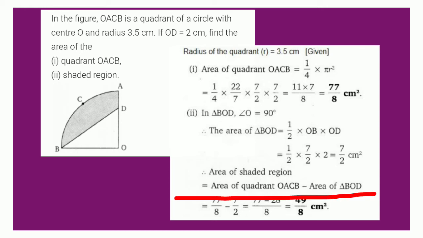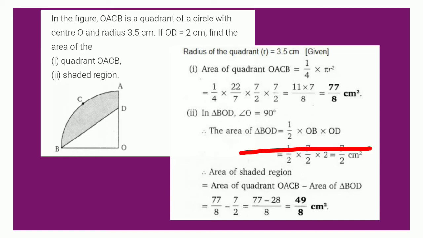Then area of the triangle, that is equal to half into base into height, that is half into OB. OB is the base and OD is the height. So half into OB means 7 by 2 into, here OD is given, question is given that 2 centimeter. So 7 by 2 into 2, after the cancellation you will get 7 by 2 centimeter square.